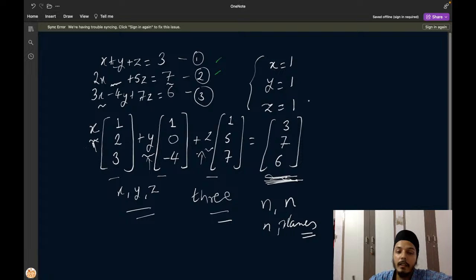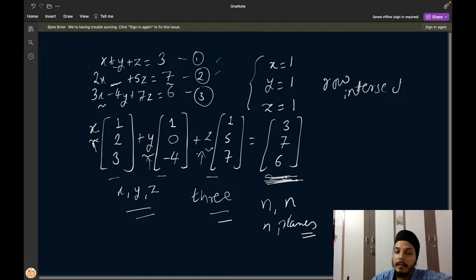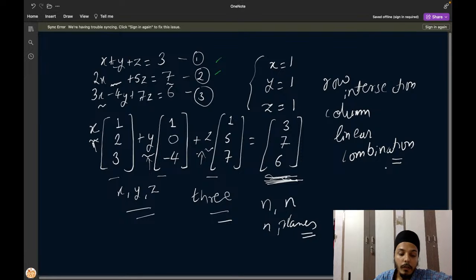So in our row picture, we find the intersection of these planes, and in our column picture we find the right linear combination. Both of these are really necessary to get our answers.